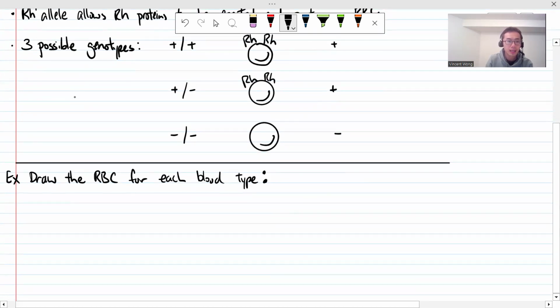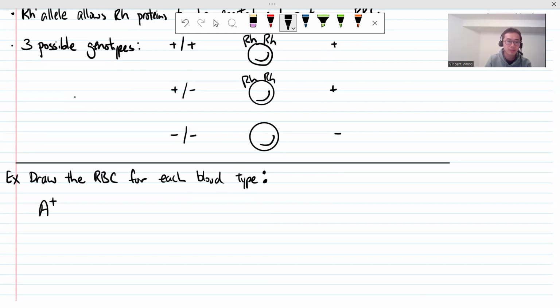Let's say we have an A positive person. What does A positive mean? Well, here is our red blood cell. And if it's A positive, then we will have A on the surface, and we will have RH. So this is actually two blood groups, ABO and RH.